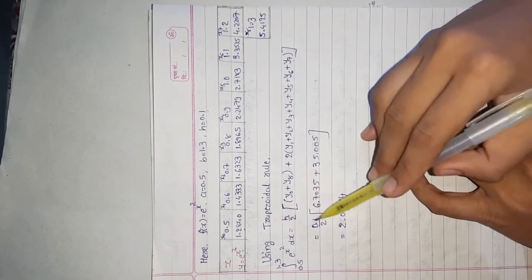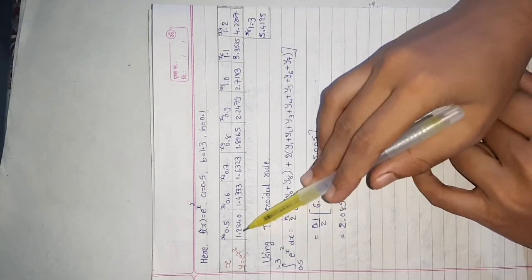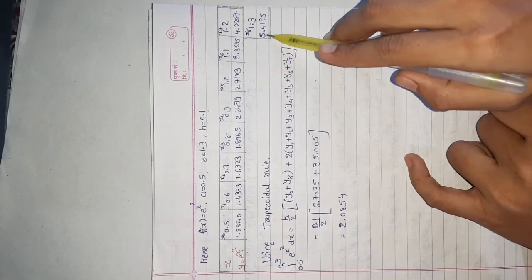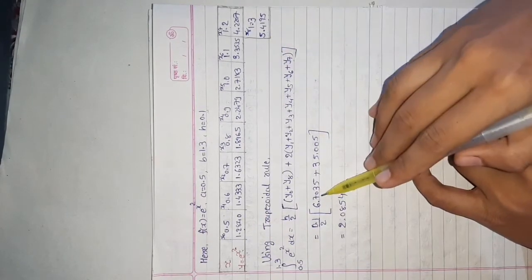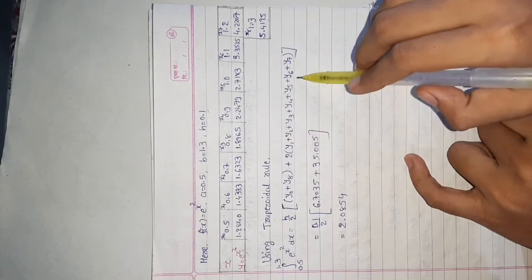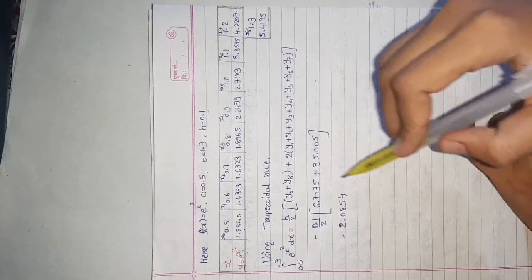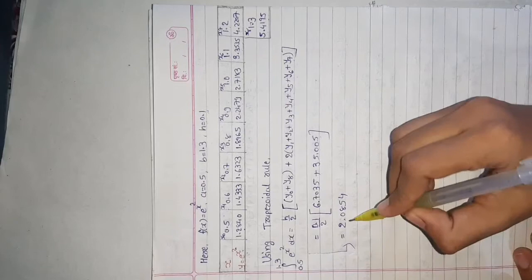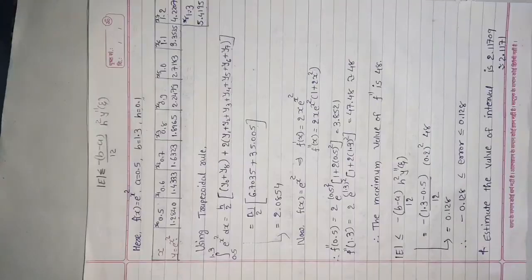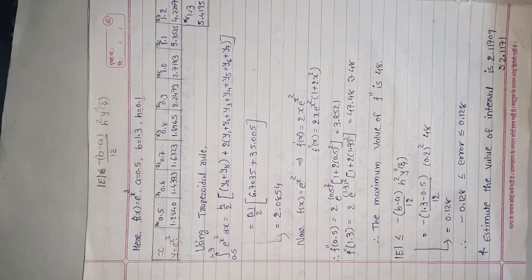So h is 0.1 by 2, then y0 plus y8 is 1.2840 plus 5.4195, which is 6.7035, plus 2 times the sum of all the ordinates, which is 35.005, and the final answer is 2.0854.